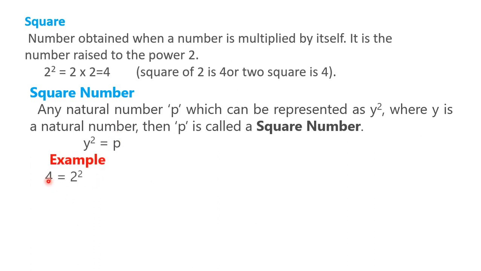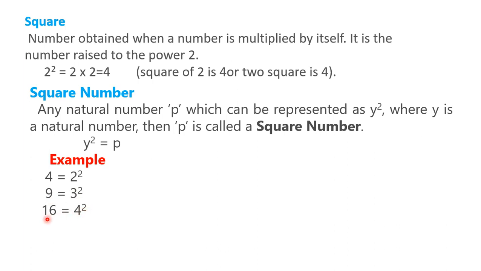For example, when we have a square number 4, it can be expressed as 2 into 2, that is 2 square. When we have a number 9, 9 can be written as 3 into 3, that is 3 square. If a number is 16, we can write 4 into 4, that is 4 square.